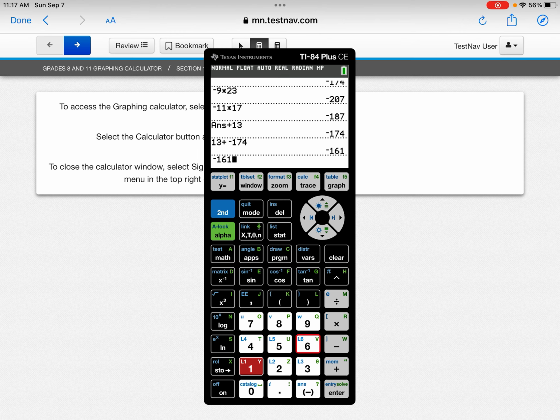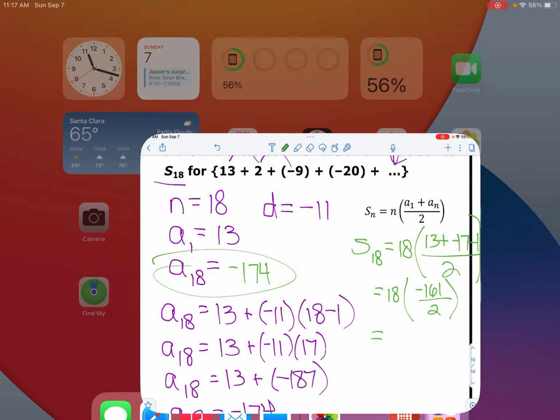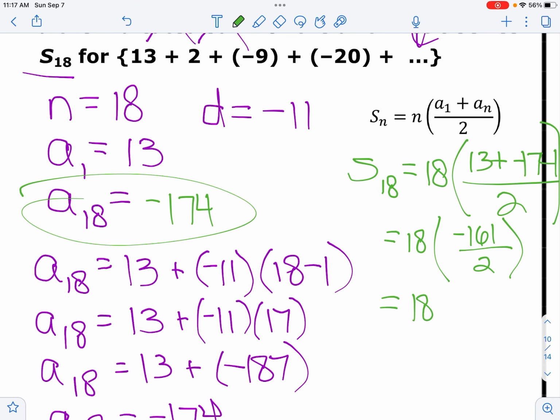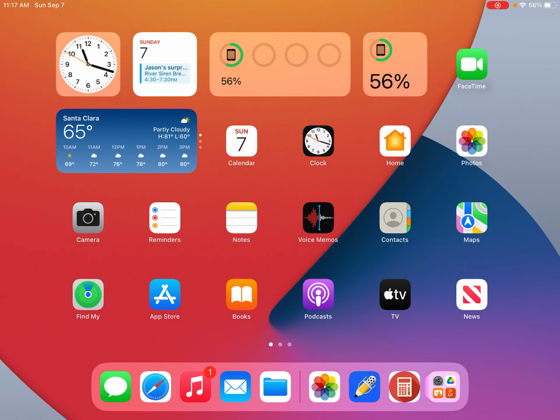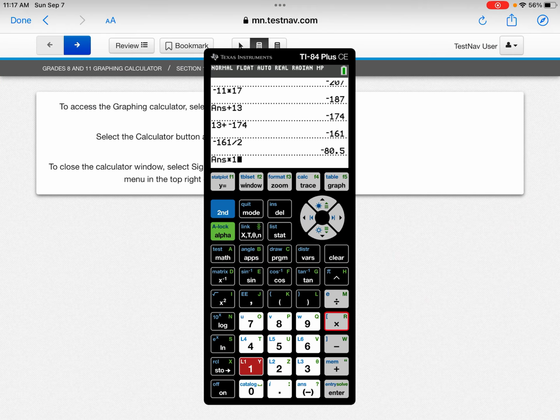Negative 161 divided by 2 is negative 80.5. And then I need to multiply it by 18. We'll do that. Let's write it out first. Okay, times 18.